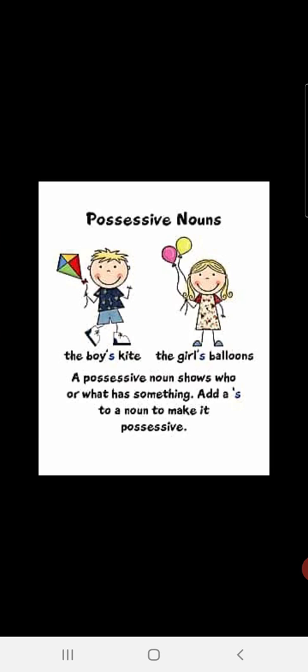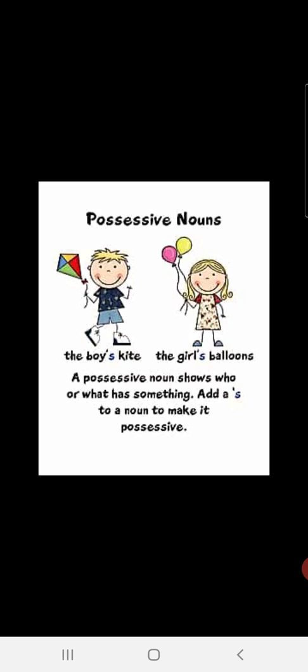With possessive nouns, children, it shows a noun to whom something belongs, okay, it shows some belonging, some ownership, that you belong to it, that thing is yours, you are the owner of it. All right, for example children, you can see here the boy's kite, boy apostrophe s, the girl's balloons.